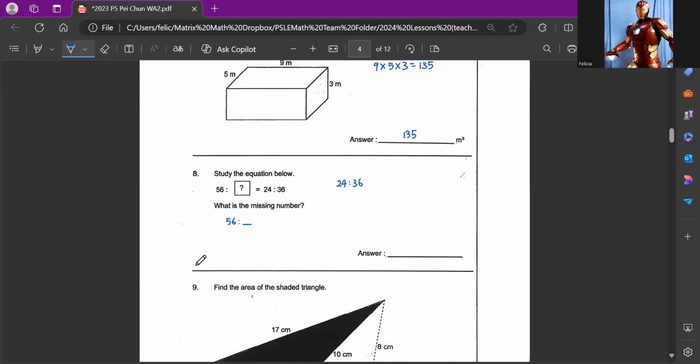Because right now, if I compare 56, I ask myself, 56 divided by what number to give 24? There's nothing actually. I can't divide 56 by anything to get 24. So the only way to continue from here is to simplify 24 to 36 first. If you simplify this, both can divide by 12. So this will be 2 and 3.